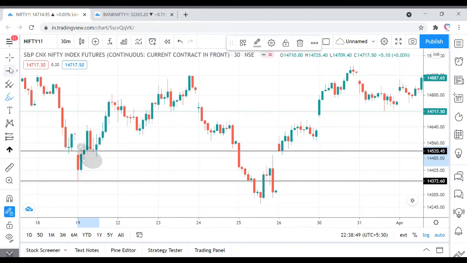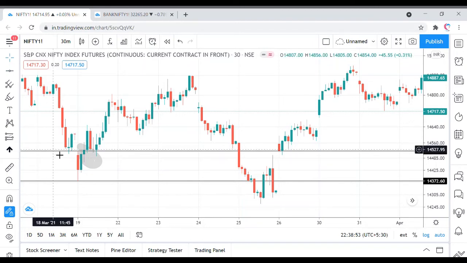So one would have gone long using this strategy at around 14,526 level, with the low of the candle as an SL, or in Nifty you can go for a 50 point SL, 50-60 point SL, whatever suits you. If the range is too big, you can go to a 50 to 60 point SL, because in Nifty the moves are not as volatile as Bank Nifty.